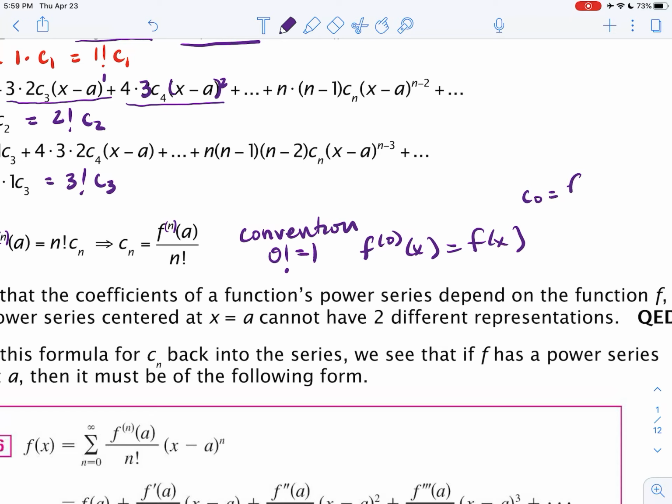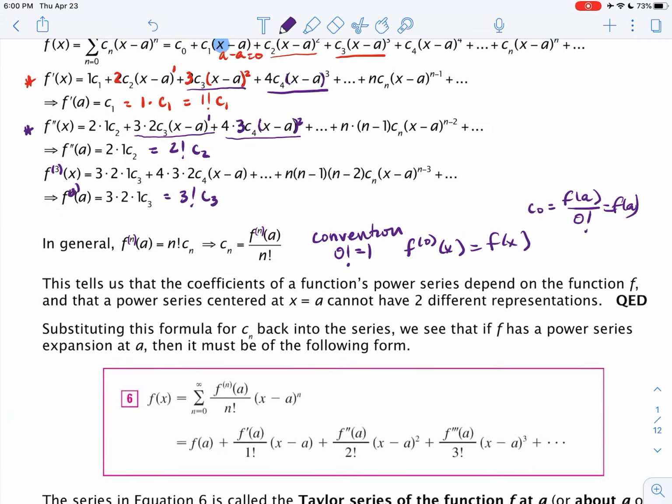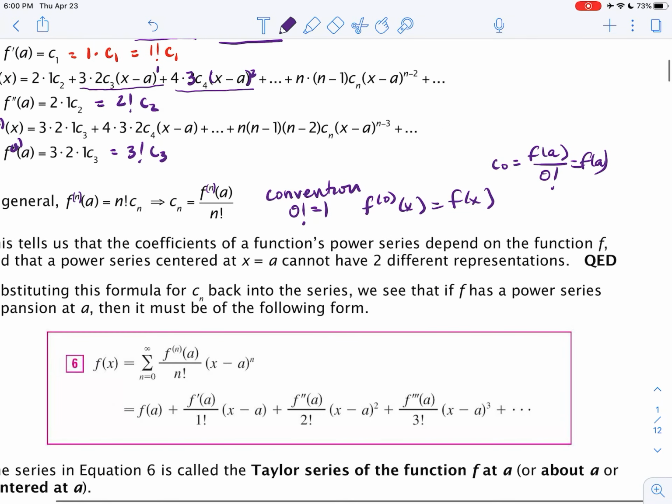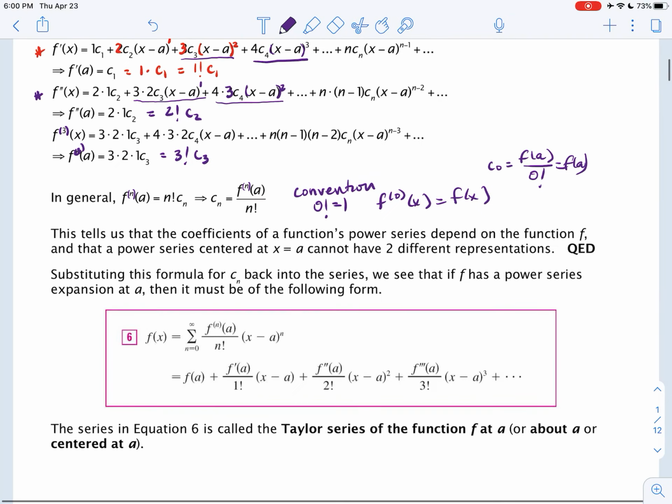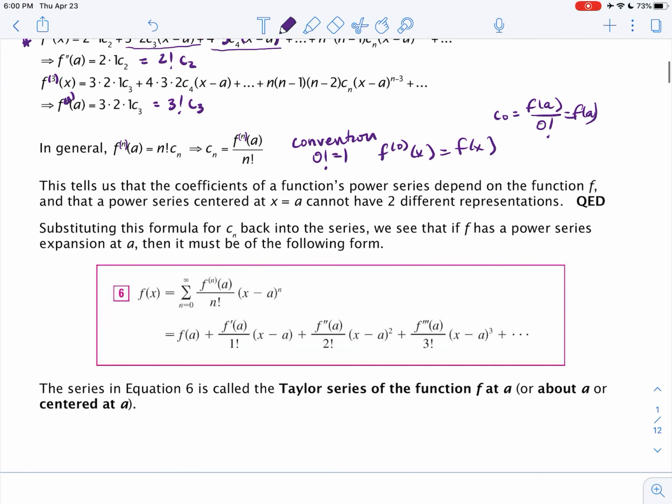So we can see that this does match up, so our c sub 0 would be f of a divided by 0 factorial, and we still end up with just f of a. Good. So if our f of x does have a Taylor series expansion about a, its coefficient is going to be c sub n equal to the nth derivative evaluated at a over n factorial.